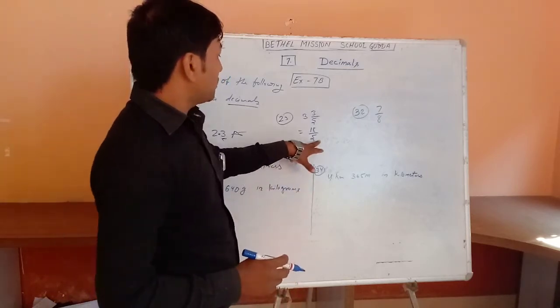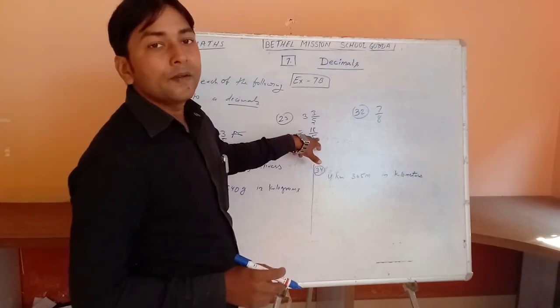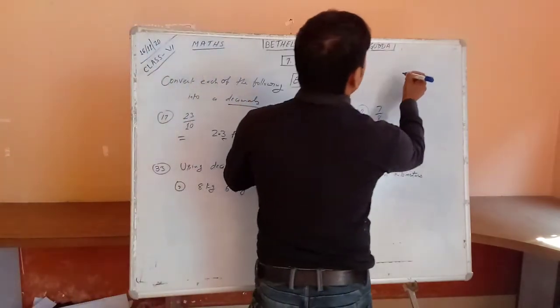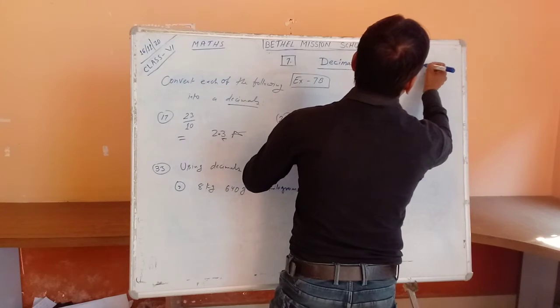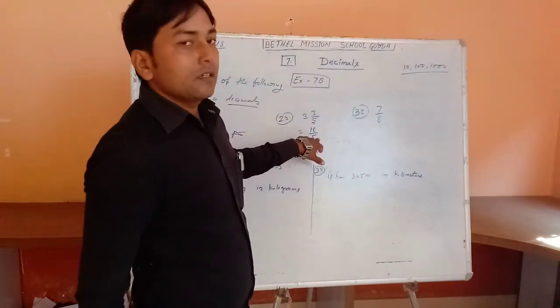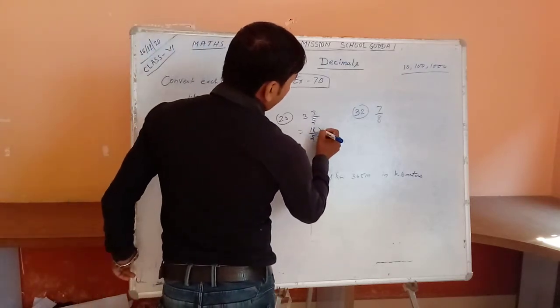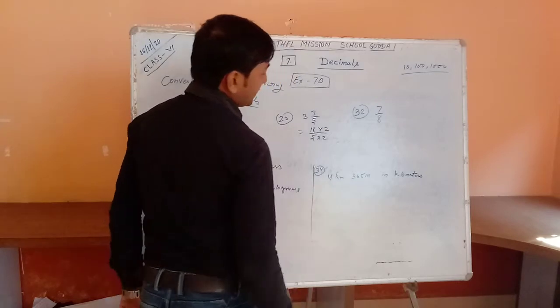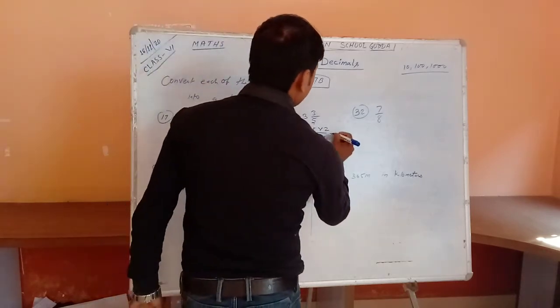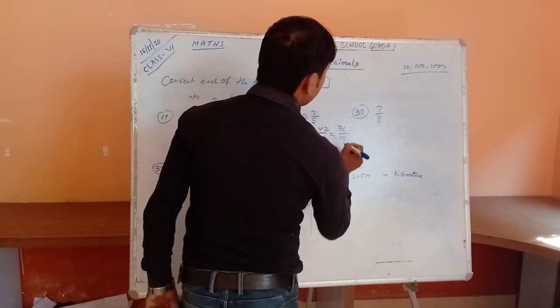If you can convert the denominator to 10, 100 or 1000, then you don't need to divide. Okay, if you multiply the denominator and the numerator by 2, then the numerator becomes 36 and the denominator becomes 10.